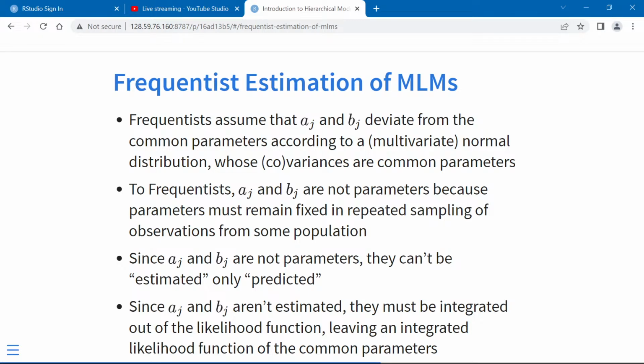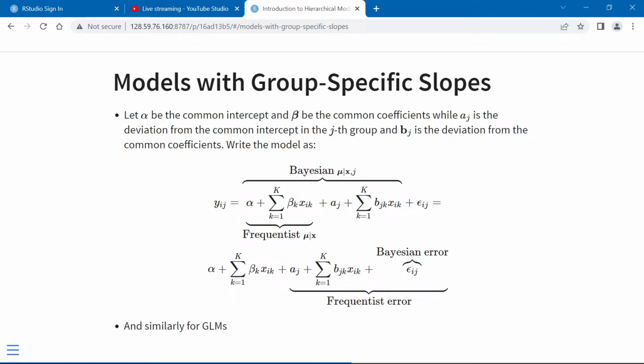Yes? I still don't understand the difference between estimating and predicting A's and B's. Yeah, well, no one else does either. Parameters can be estimated. Anything that's not a parameter can only be predicted from estimates of alpha and beta. So imagine you have estimates of alpha and beta and y. You could subtract the frequentist conditional expectation from y to get a prediction of the error.